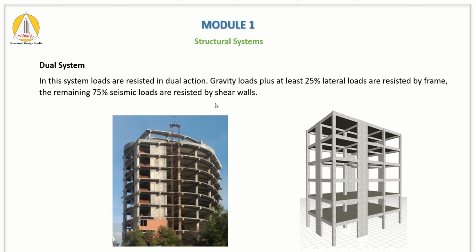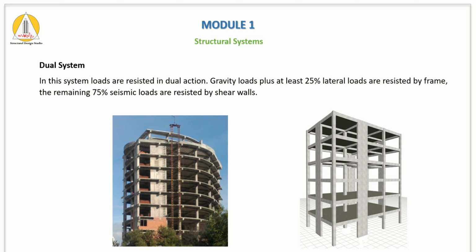Shear walls will not contribute in the resistance of the gravity loads. 100% of the gravity loads will be resisted by the frame, plus at least 25% of seismic loads will be resisted by the frame, and the shear walls will only resist 75% of the seismic loads.